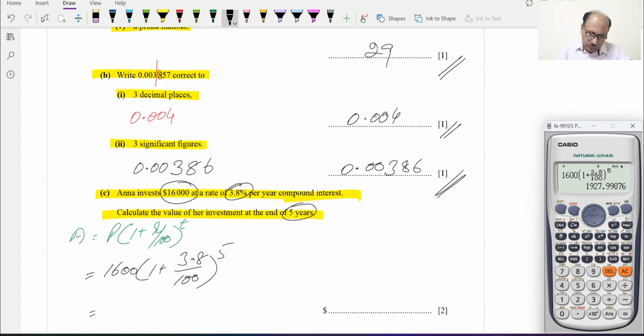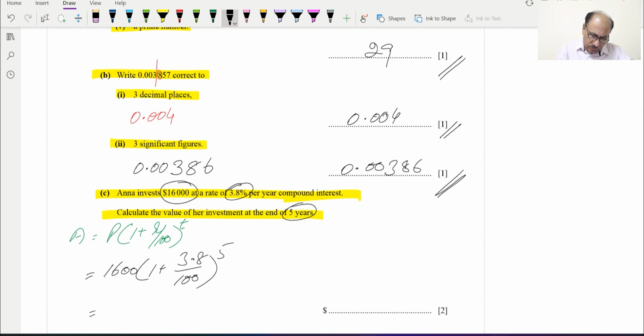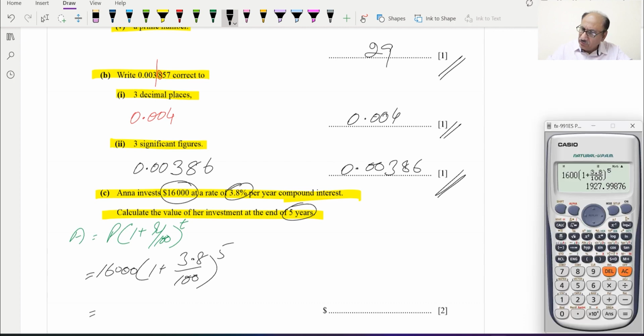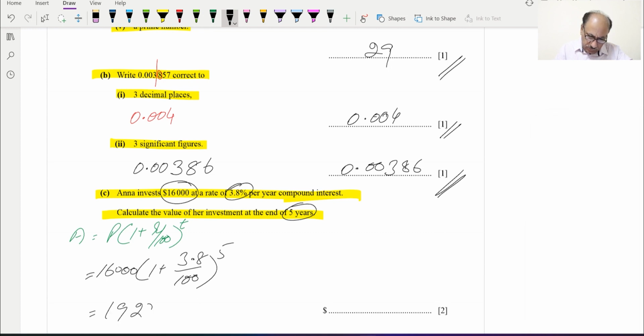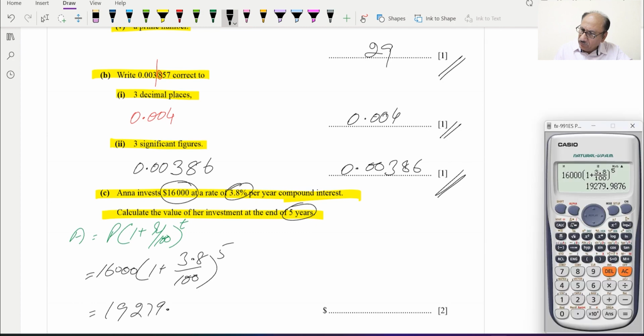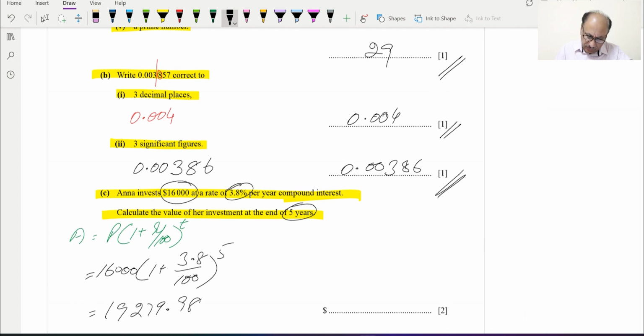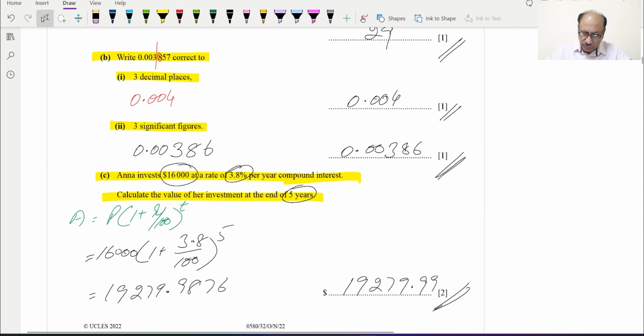Basically we missed a 0. The principal amount is 16000, and we add this 0 over here as well, and our answer will be 19279.9876. So we can round it as 19279.99, and this will be for 2 marks. The answer is in dollars. Hopefully you understood this.